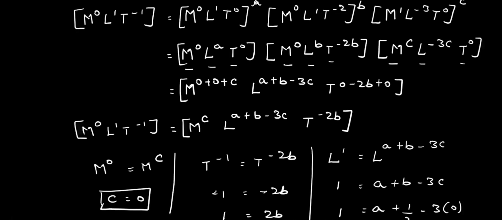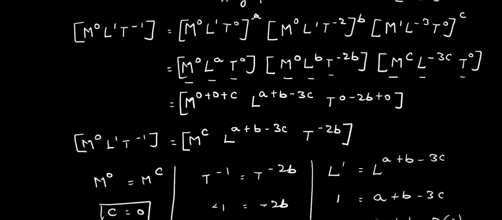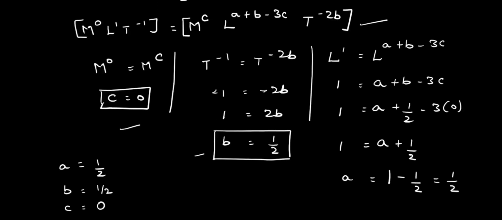Then we have to equate the equations on both LHS and RHS by writing the dimensions, and we just add the powers because all the terms are in multiplication, to get to a final form like this. From here we have to equate the terms from LHS and RHS.